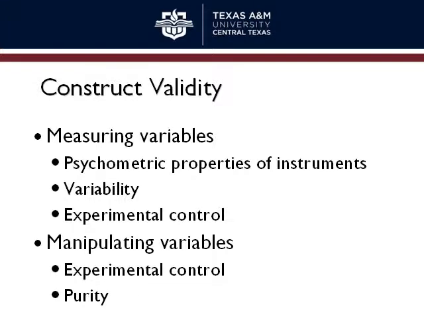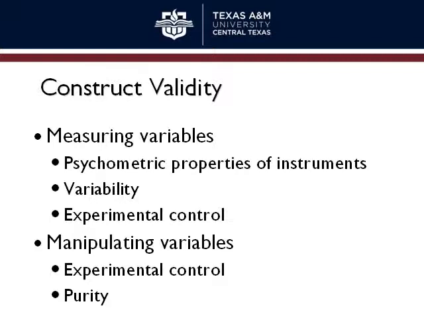Right? And even when you're very careful, it can be hard to maintain the purity of a manipulation. By that, I'm talking about how typically when you manipulate an independent variable, we're wanting to affect one construct, right? Maybe we're wanting to make people more depressed, or less depressed, or angry, or hungry, whatever it is.